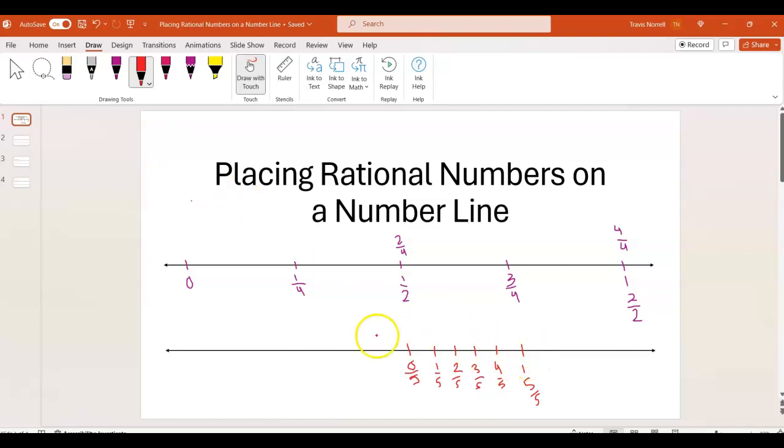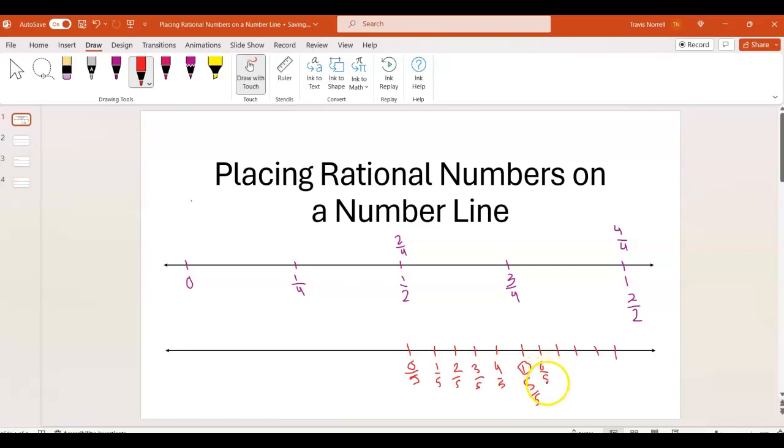All right, now, if I want to move that beyond 1 whole and go 2 whole times, we need to break this up into 5 equal sections as well. 1, 2, 3, 4, 5 equal sections. So if 1 whole is 5/5, then the next section would be 6/5.